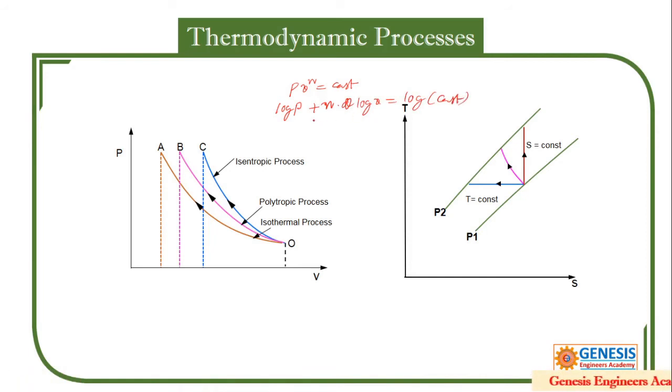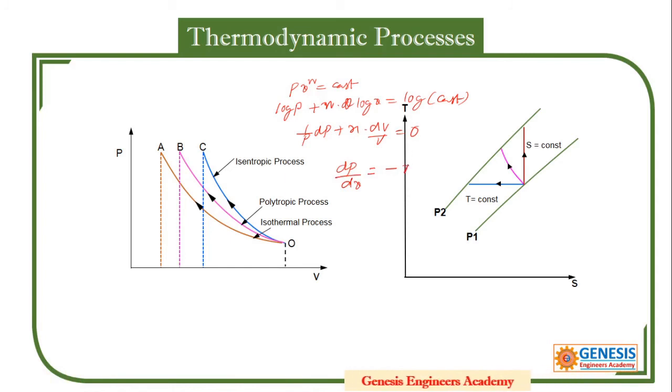Now if I differentiate, that is dp by p plus n into dv by v is equal to 0, then dp by dv, which is the slope, is minus n p by v. So for the polytropic process this is the slope, and slope m is dp by dv.